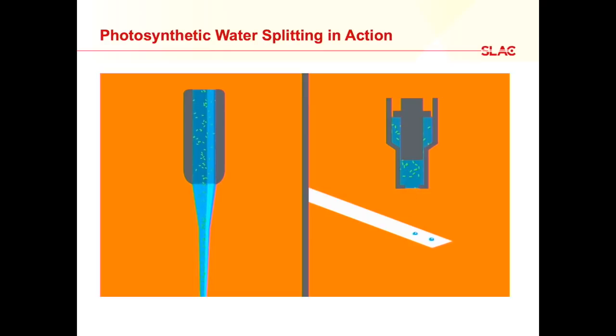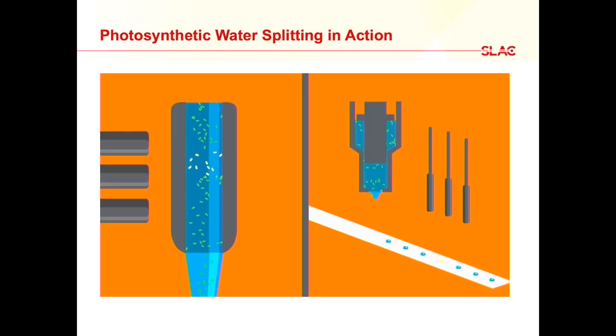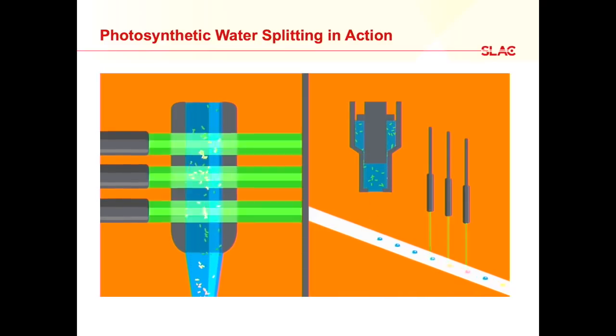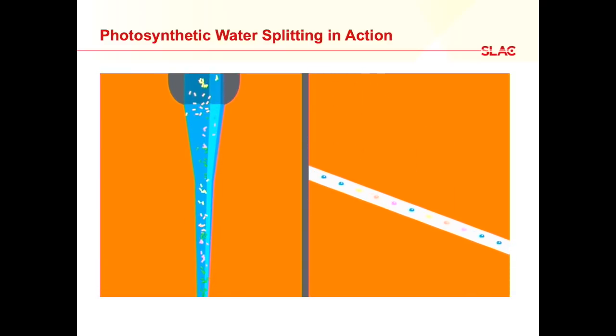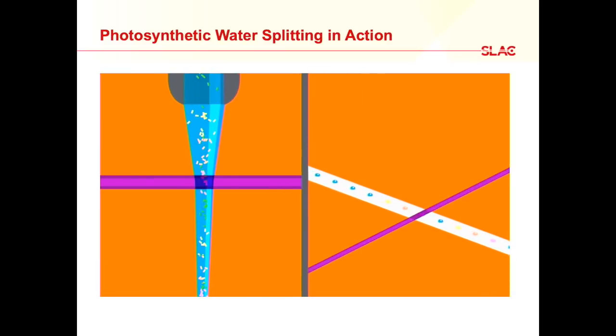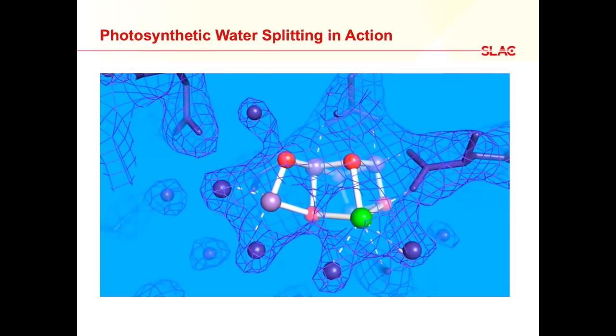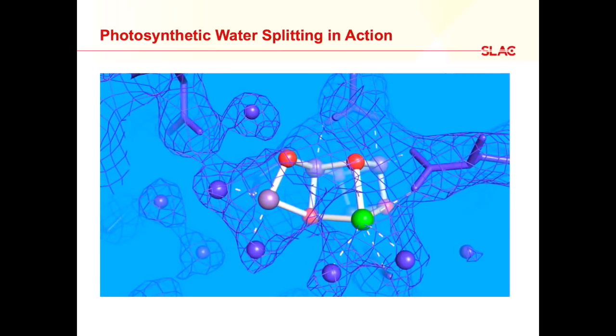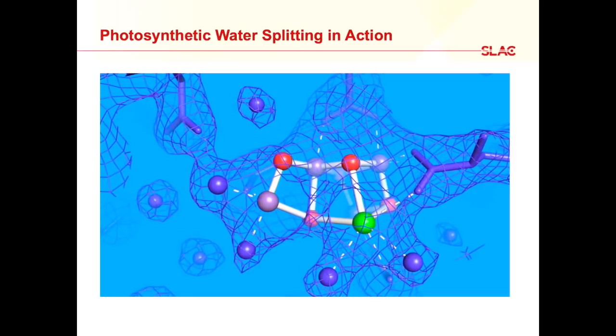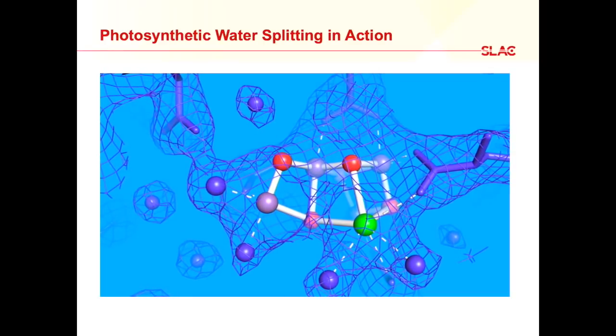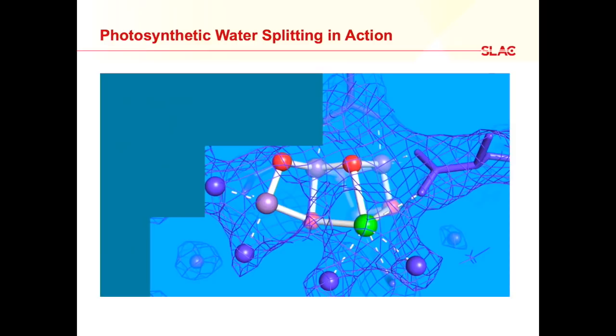And we can either deliver the crystals inside of a liquid jet or shoot them on a little tape drive here and then illuminate them with green light, either 1, 2, 3, or 4 flashes to go through this cycle, and then eventually shoot them at a certain delay after this light illumination to see what state it is at that certain point. And that allows us, right now, to have the beginnings of a molecular movie of how this molecule takes water and splits it to produce the oxygen we breathe.